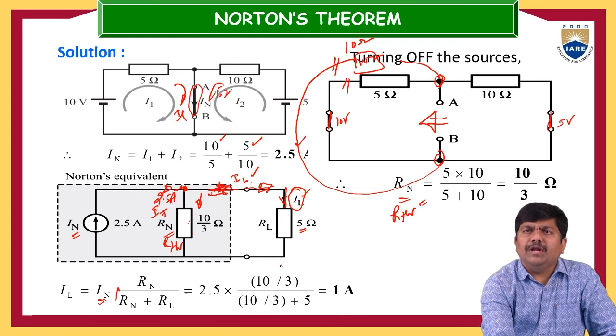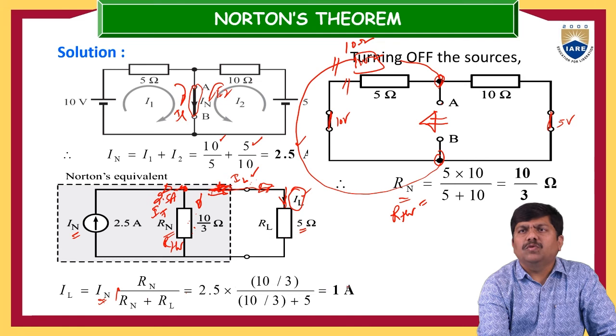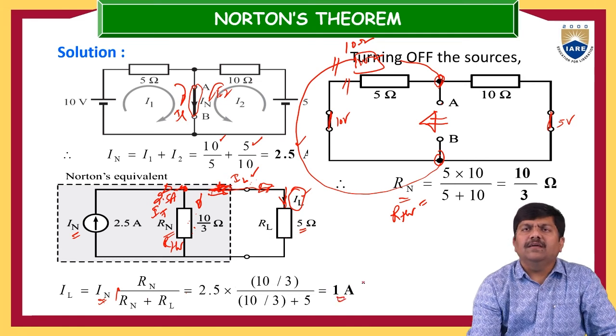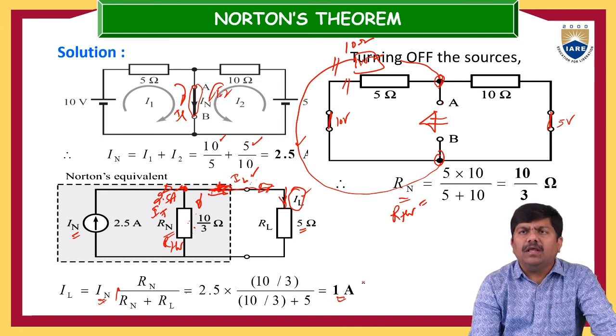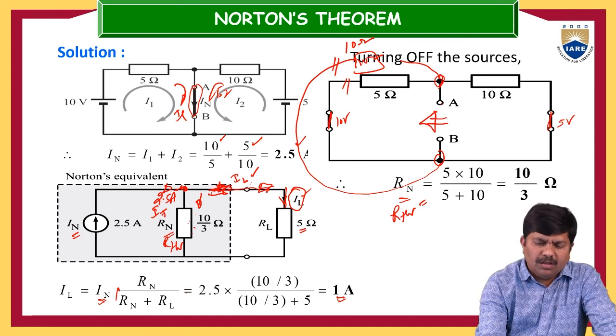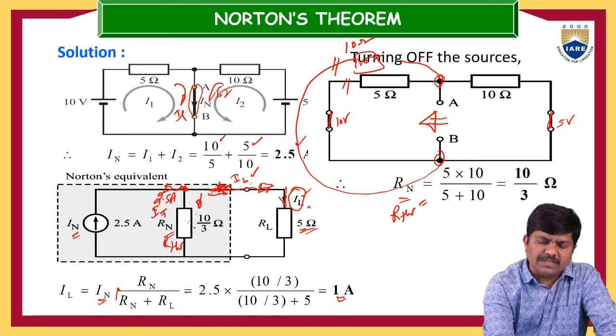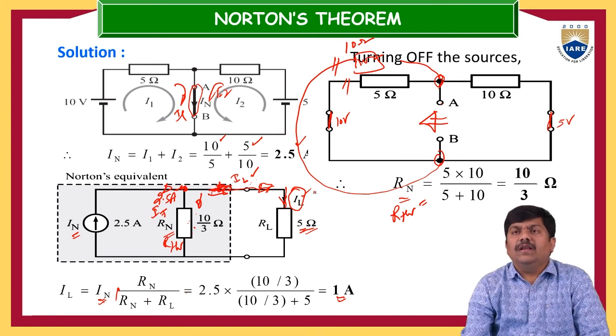So 2.5 into 10 by 3, divided by 10 by 3 plus 5. We get 1 amp. So the current flowing through this 5 ohm resistance is 1 amp.